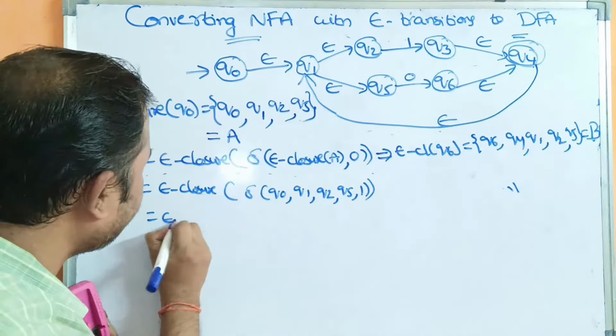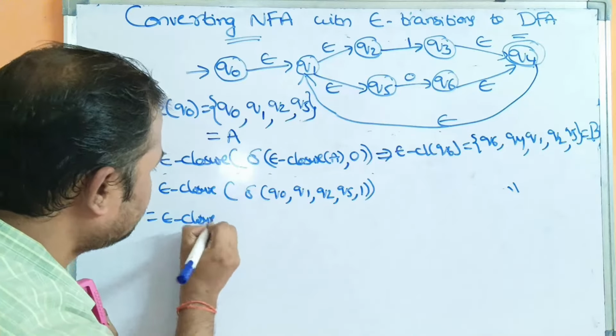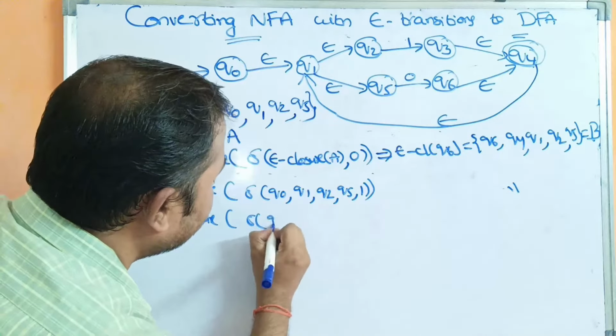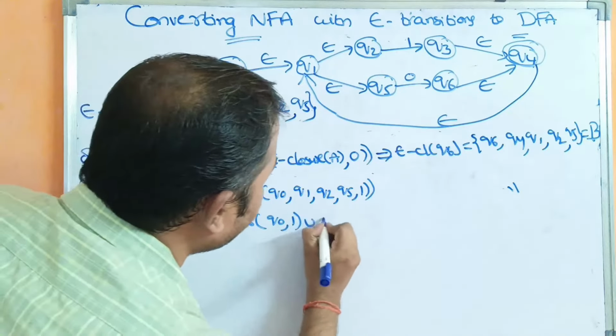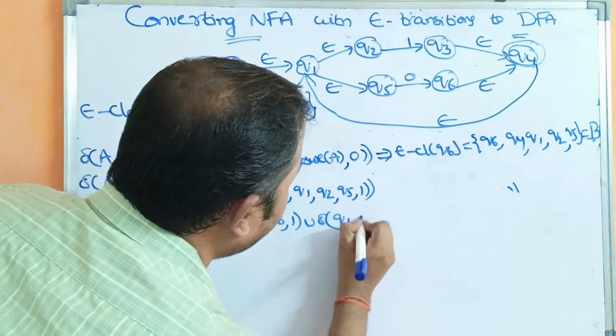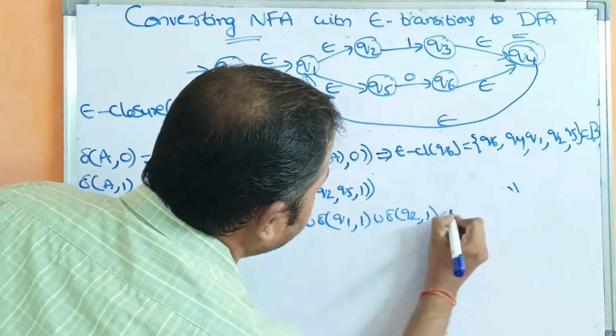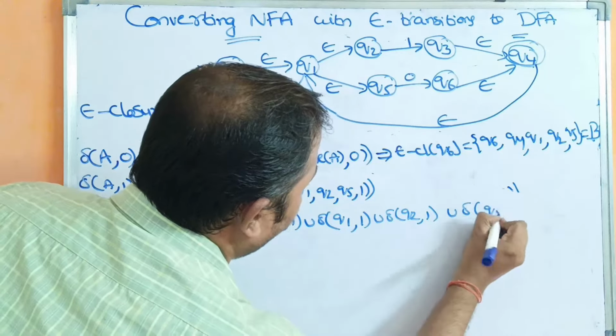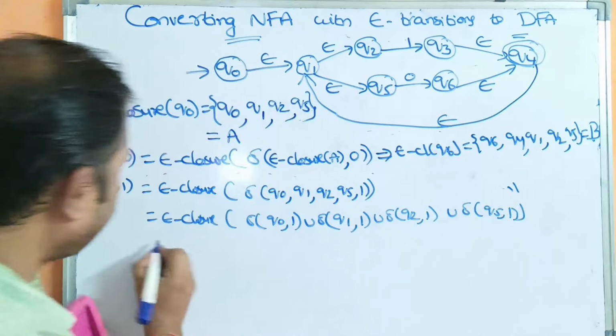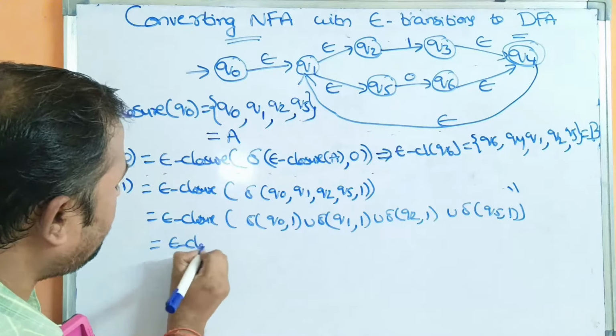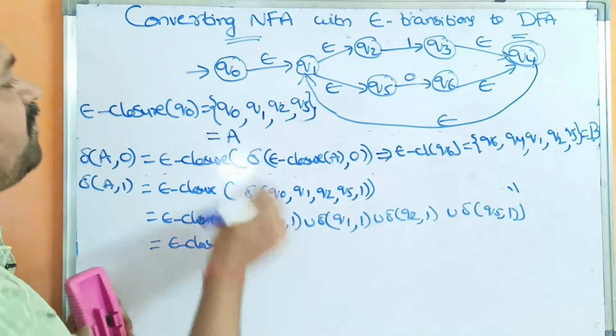So that is equal to epsilon closure of delta of Q0 comma 1 union delta of Q1 comma 1 union delta of Q2 comma 1 union delta of Q5 comma 1. What is delta of Q0 comma 1?